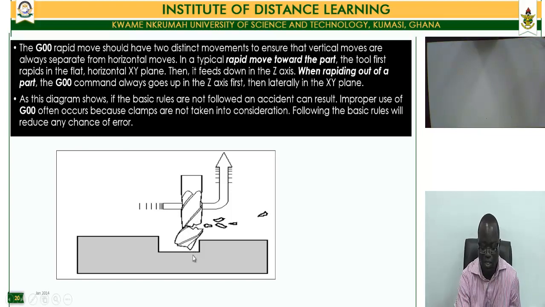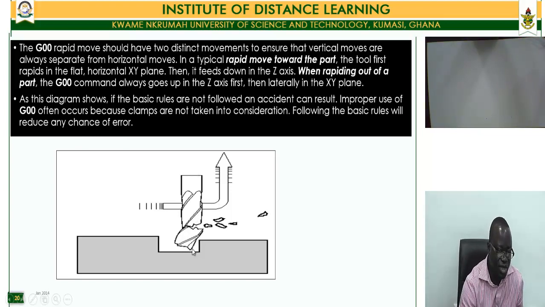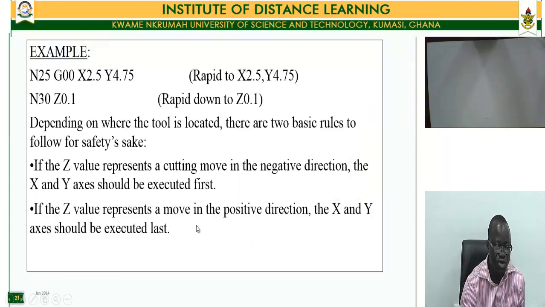So for instance, if we take this as a command line, for example, line N25 G00 X2.5 Y4.75, what you want the tool to do is move quickly to the position X equals 2.5, Y equals 4.75.